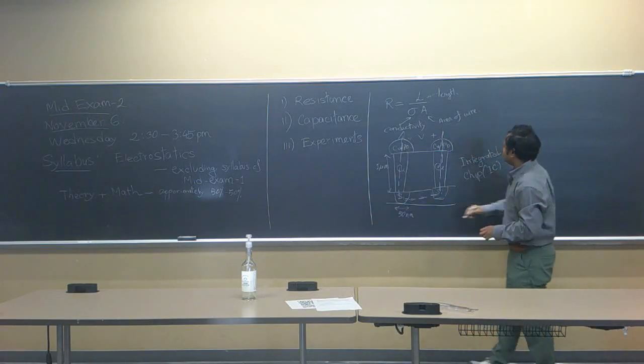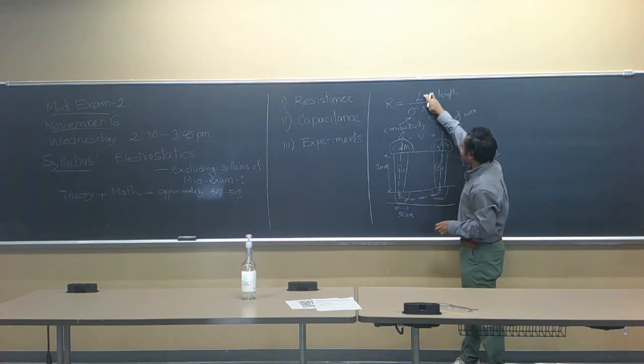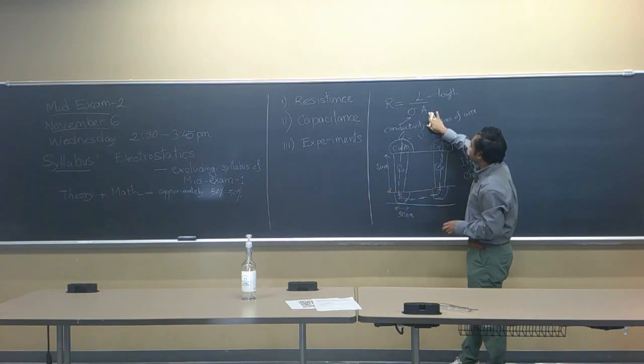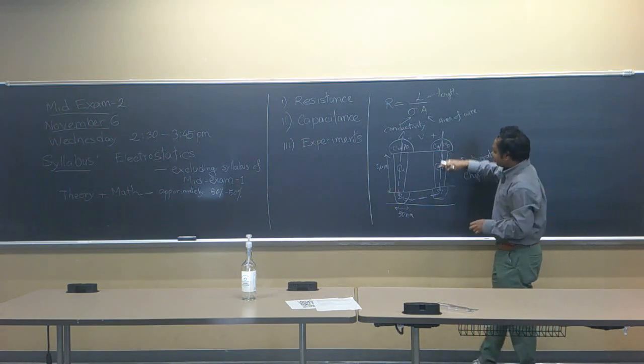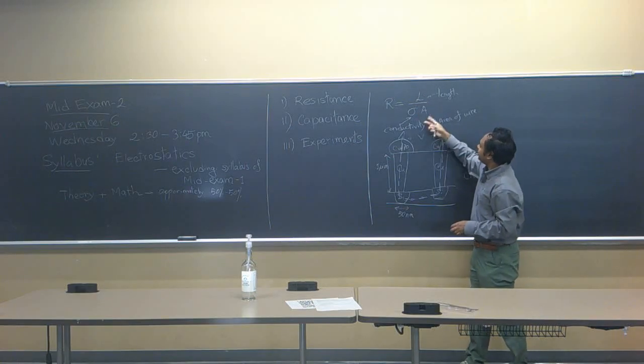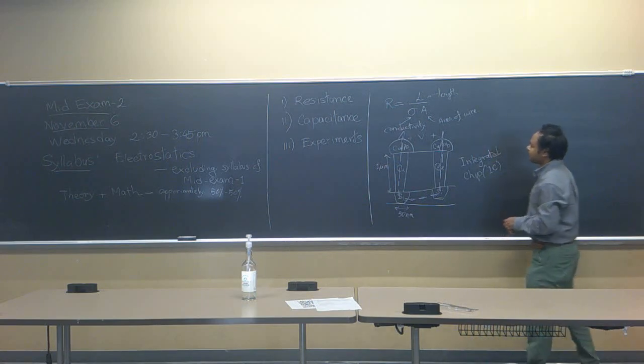Since we know that resistance is related to the length of the wire and inversely proportional to the area of the wire, we always try to minimize the length and maximize the area in order to reduce the resistance.